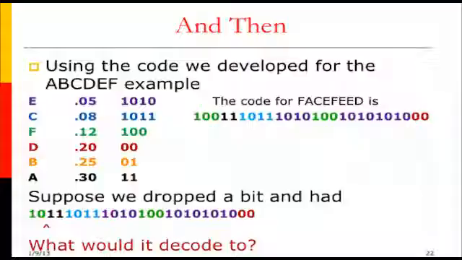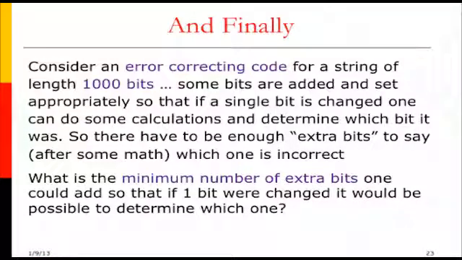But I just want you to walk through the same example of "face feed," pretend, and use those things and see what it decodes to. That's one thing. And the other thing, if you are done ahead of everybody else, a question I want to toss out is, if you had one of these Hamming codes that I mentioned at the beginning, where you throw in a few extra bits, and those extra bits are just enough to say, where's my mistake?